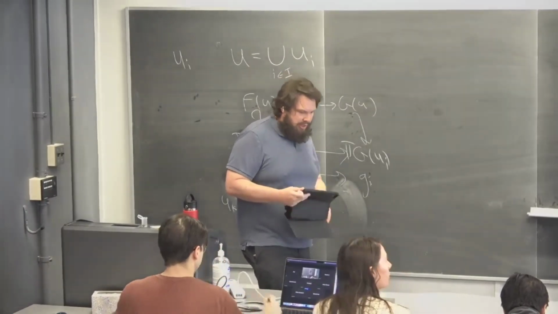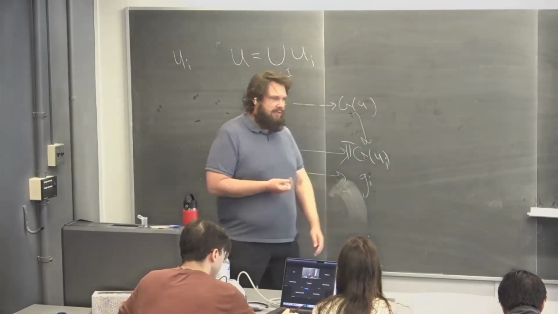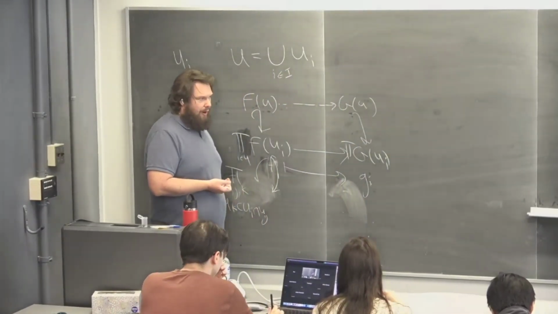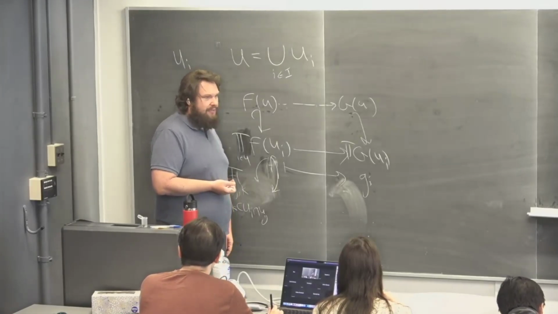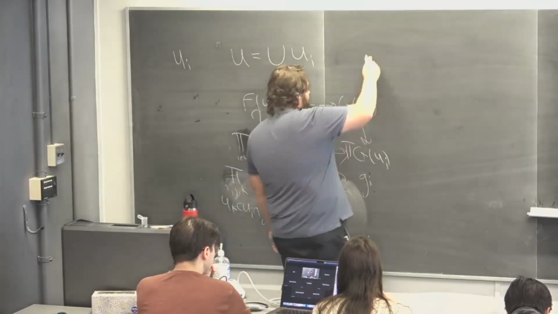And in the Zariski topology on Spec, the intersection of two basic open sets is a basic open set. But you can have schemes where you have two affine open sets and their intersection isn't affine.